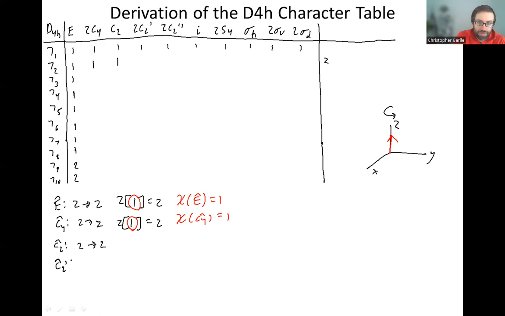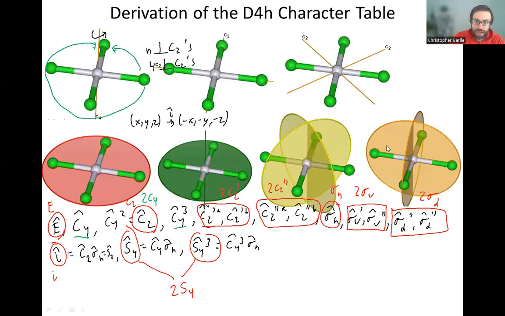What about a C2 prime? Well, for C2 prime, we can define it as 180 degrees in a different direction. Remember, we had this molecule here from the previous slide and the previous video, and the C2 primes are up here, 180 degrees going through the bonds.